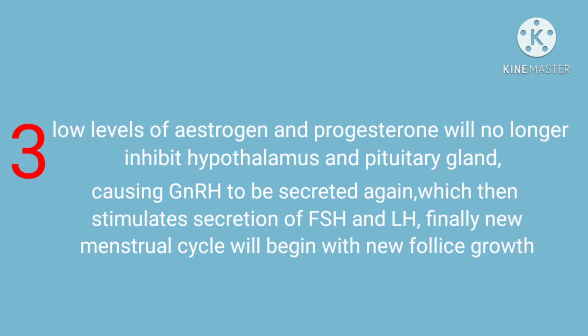Thirdly, the low level of estrogen and progesterone will no longer inhibit the hypothalamus and pituitary gland, causing gonadotropin-releasing hormone to be secreted again and stimulate the secretion of follicle-stimulating hormone and luteinizing hormone. Finally, a new menstrual cycle will begin.